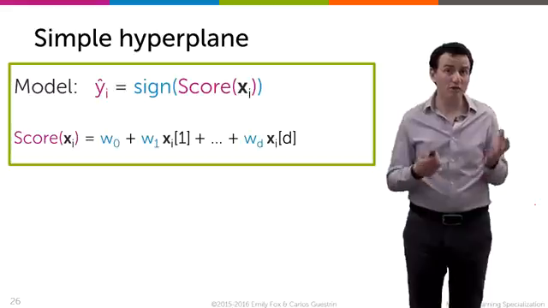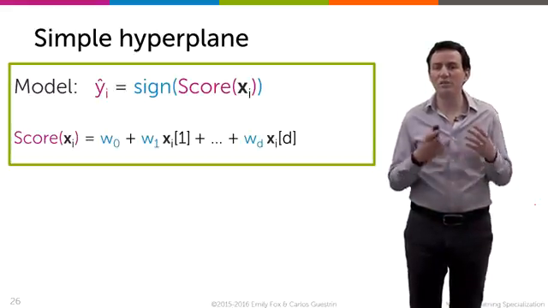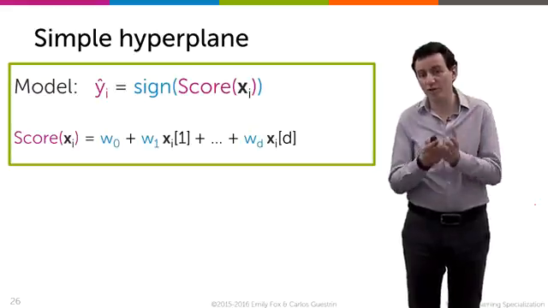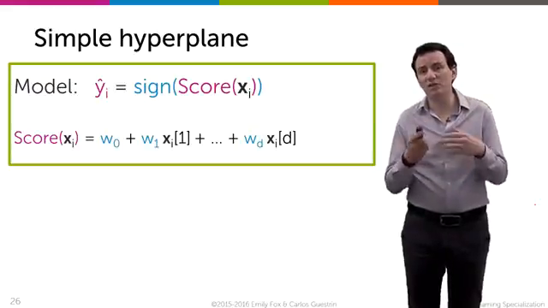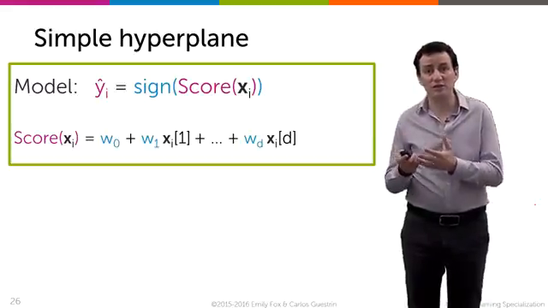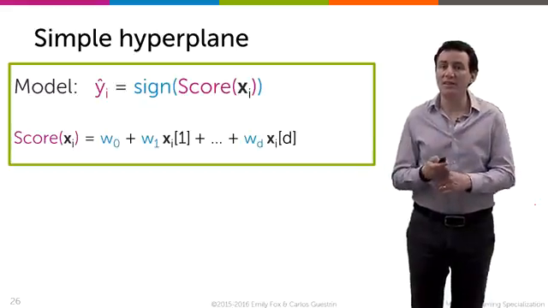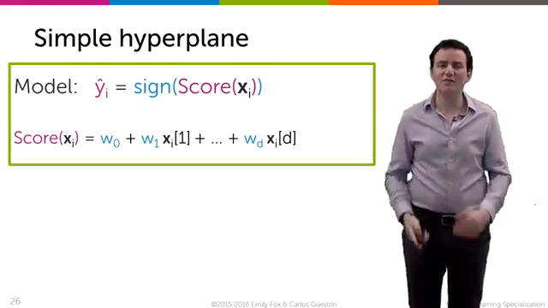Now the score of an input xi is W0 plus W1 times x1 of i, plus W2 times x2 of i, all the way to WD, the dth coefficient, times the dth entry in the xi vector.